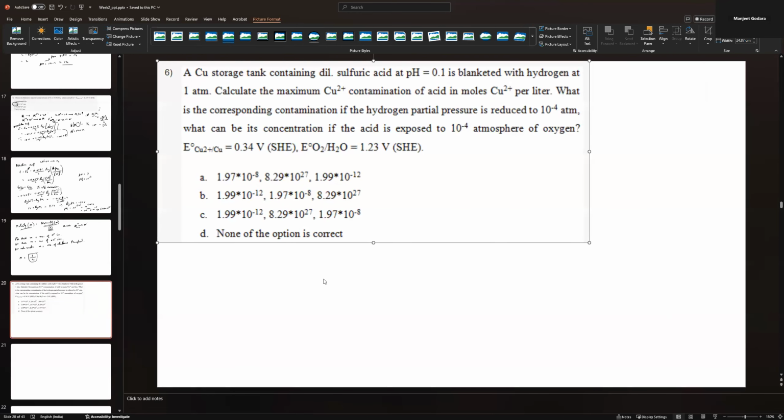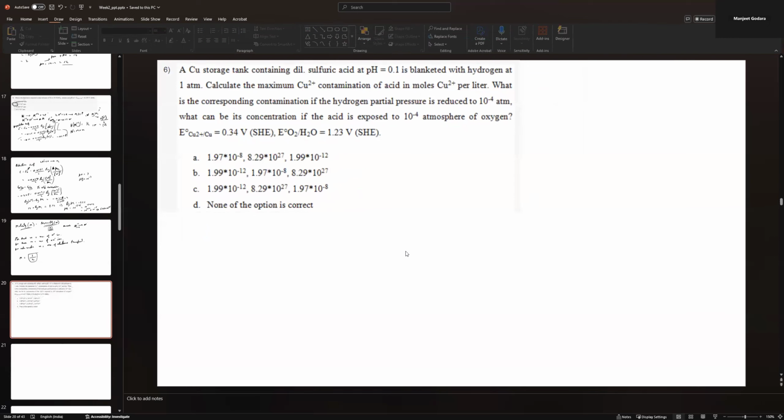Next question is: a copper storage tank contains dilute sulfuric acid at pH 0.1, blanketed with hydrogen at 1 atmosphere. Calculate the maximum copper ion concentration in moles per liter.